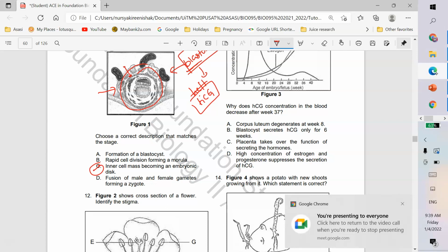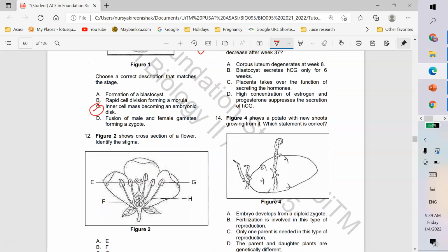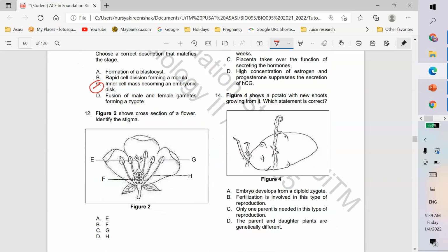Next is Muhammad Mahmud. Next, for question 12, figure 2 shows a cross section of a flower. Identify the stigma. Stigma is, I got E. E stigma. Kalau G apa?